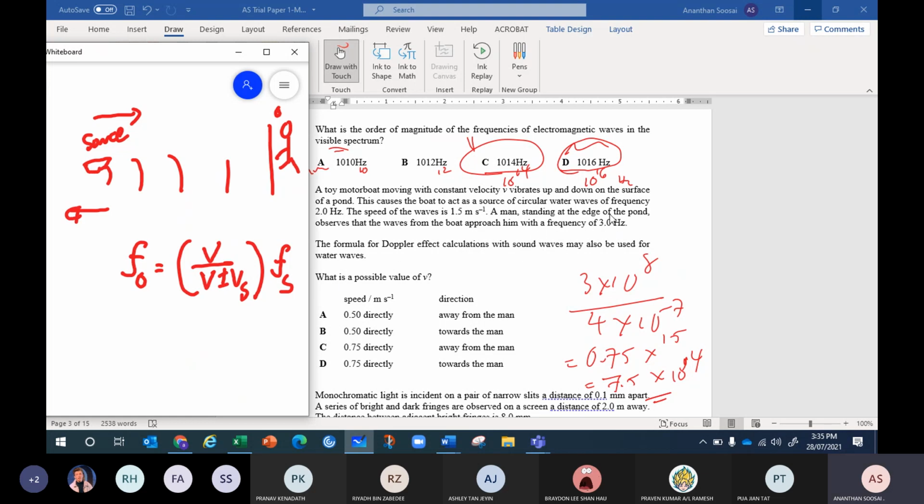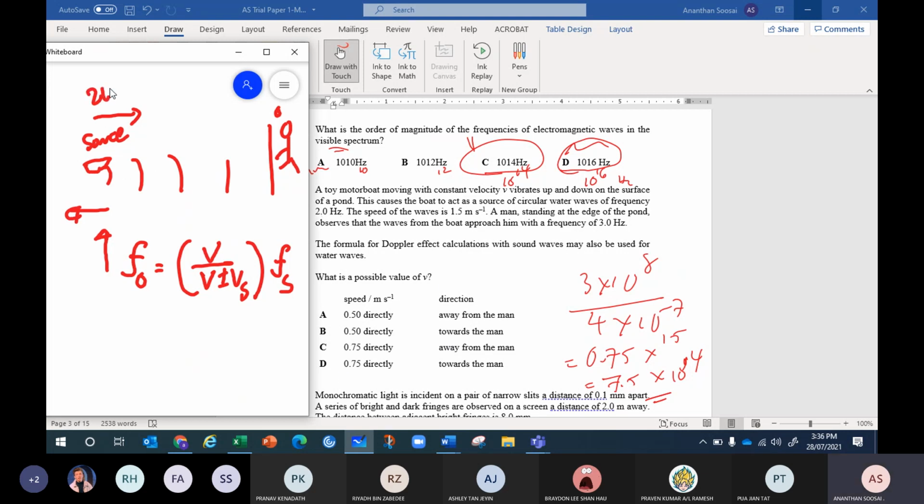The frequency sensed by the observer has increased. That means definitely the boat is approaching him, right? So the answer must be towards the man, B or D. Because you see, 2 hertz becomes 3 hertz.